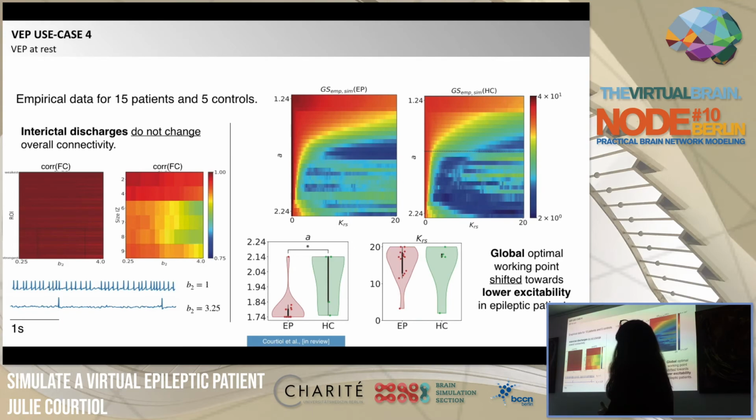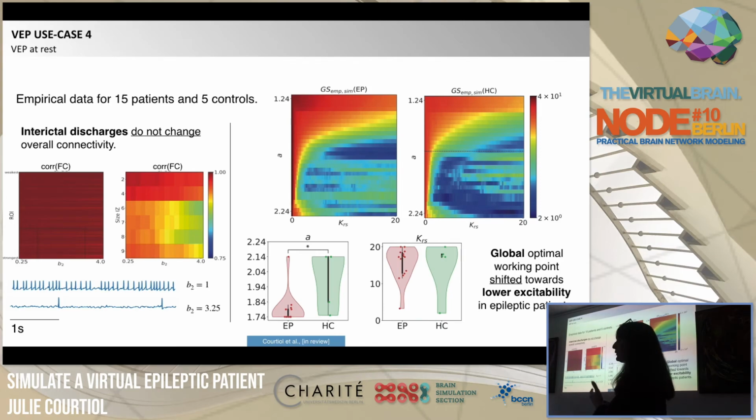Then we wanted to see if adding interictal discharges inside the model changes things.